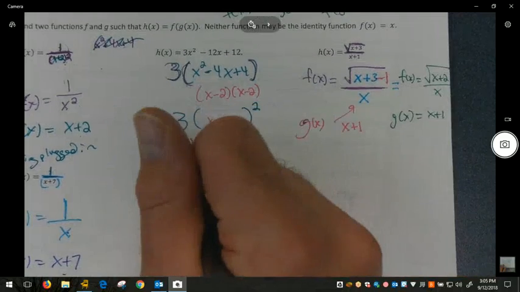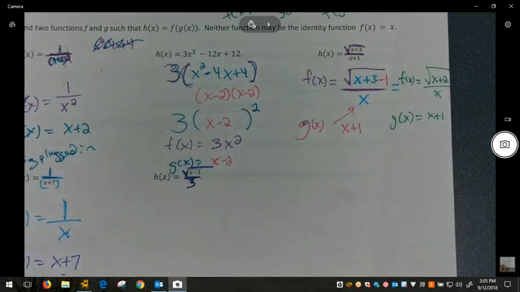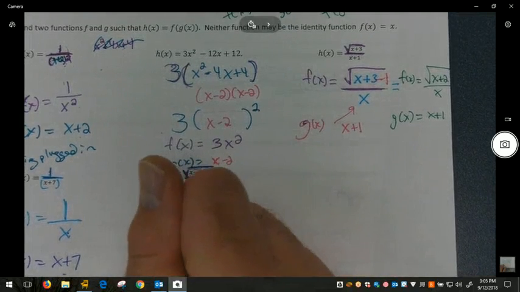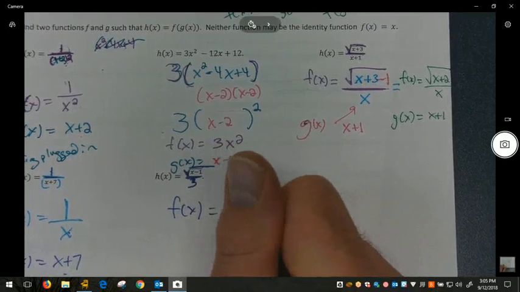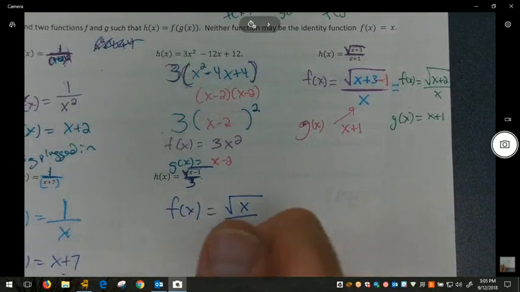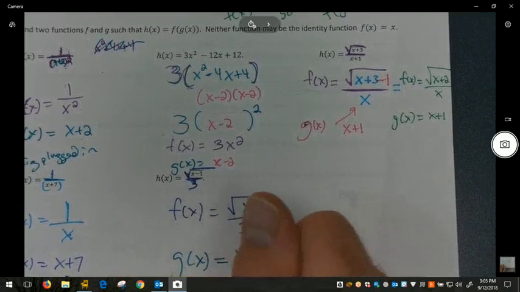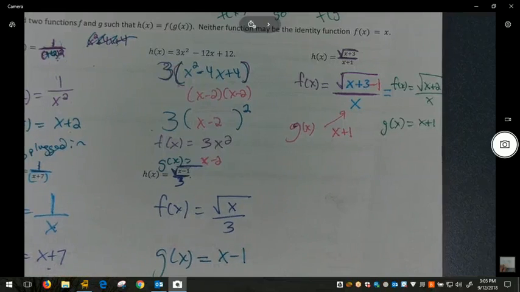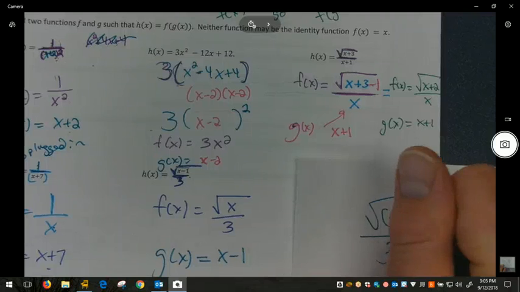And our last one, the major operator I see is the square root and the division of 3. You might choose to do it differently. I'm going to make f of x the square root of something divided by 3. The something that I'm going to plug in for x is going to be x minus 1. And once again, you need to double check this. Plug it in as x minus 1.